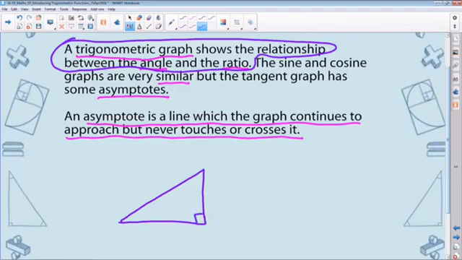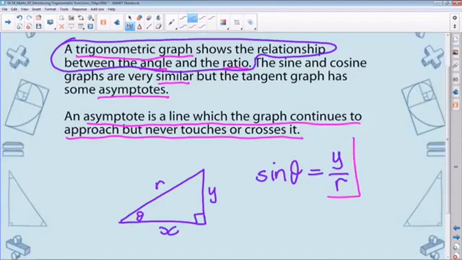Let's call this R, and let's call this Y, and let's call this X. Now if we have theta down here, we would say that sine of theta is equal to Y over R. So this fraction is our ratio. Remember, ratio is another word for fraction. And theta would be the size of the angle.